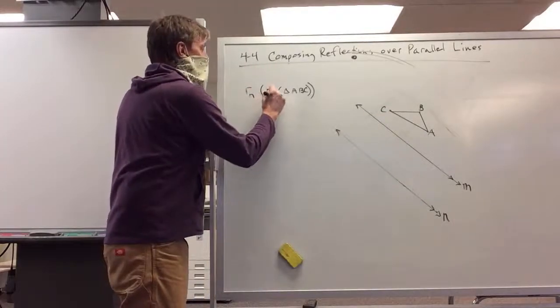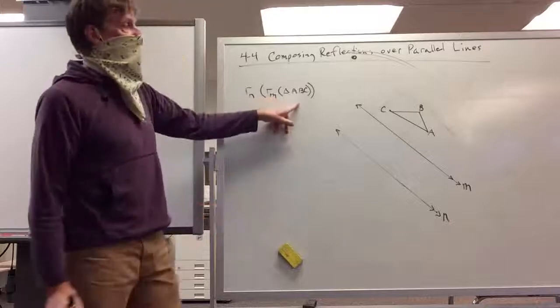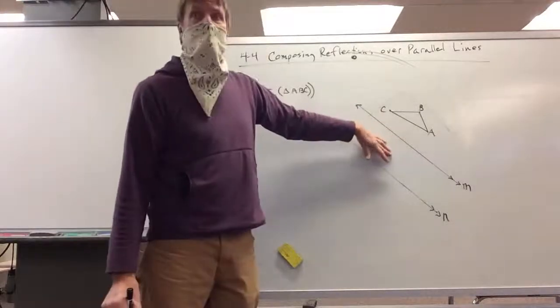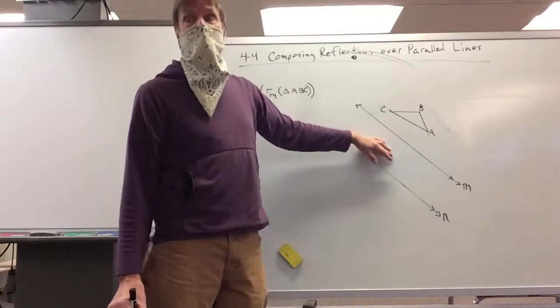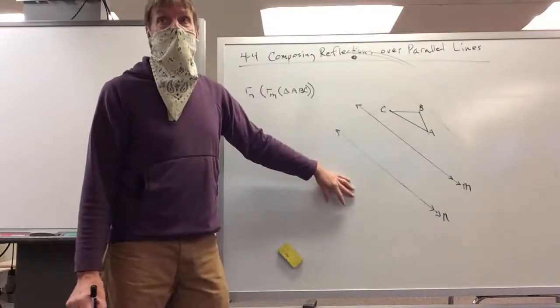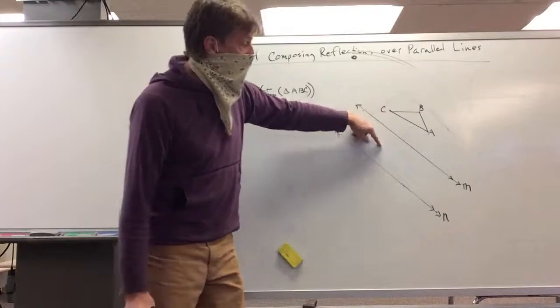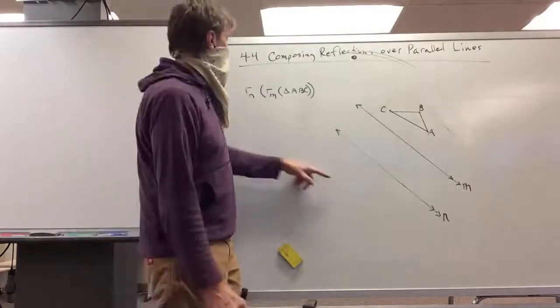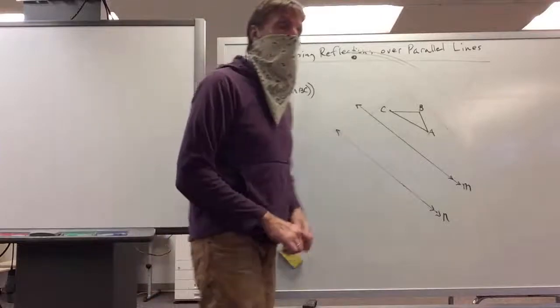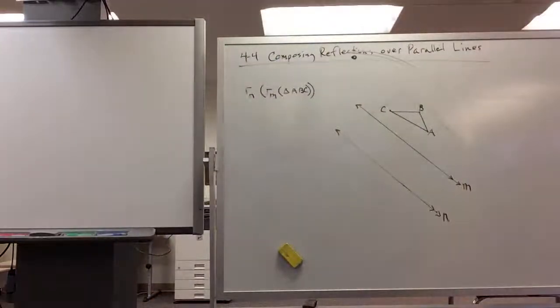Yeah, and then N. So we're gonna do this reflection first. So take ABC reflected over M. And if you need to move your N further away, because we want it to reflect over and then keep going, you can do that. And then reflect it over N.